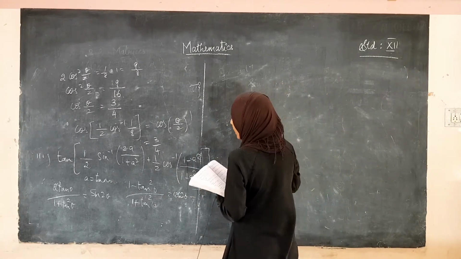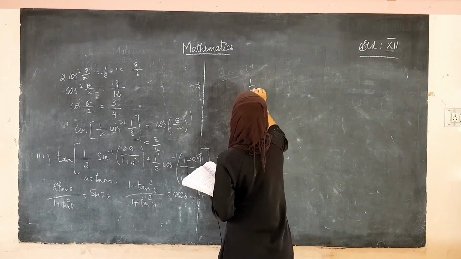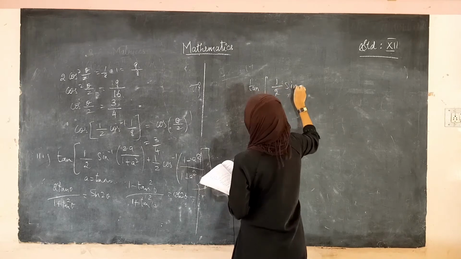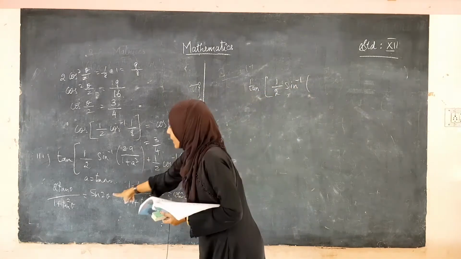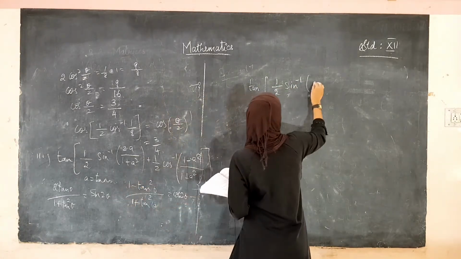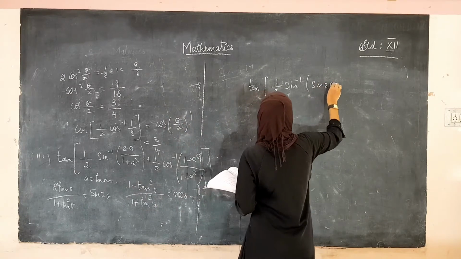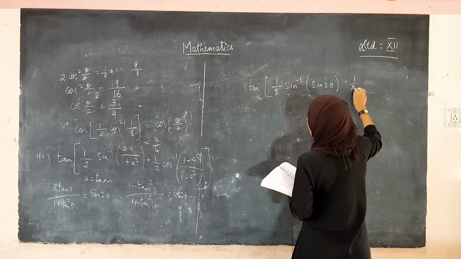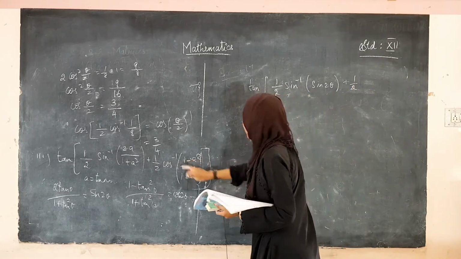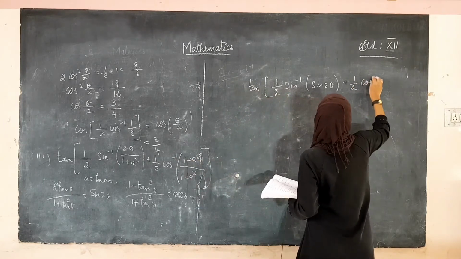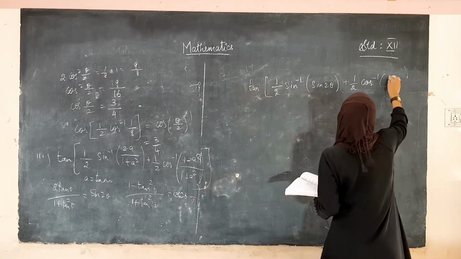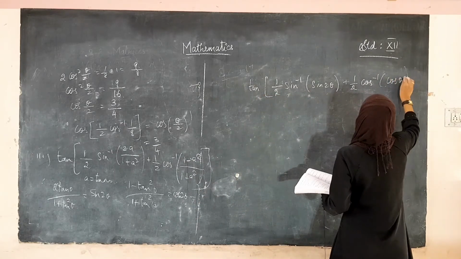So, see here what happens, then tan of 1 by 2 into sine inverse of, instead of this we can substitute sin 2 theta, plus 1 by 2 into cos inverse of, instead of this we can substitute cos 2 theta.